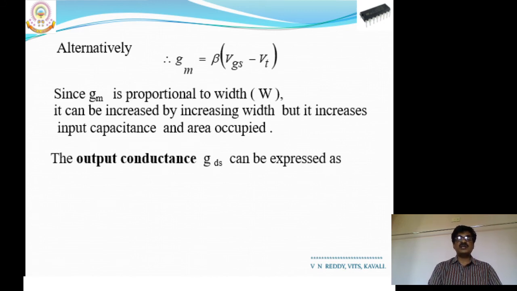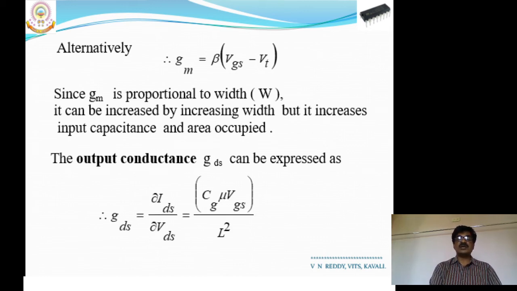Before going to the figure of merit, here is one simple thing: output conductance. The notation is GDS. Output conductance is also a conductance, but it takes the parameters of the output side. What is the definition of conductance? The ratio of current to voltage.